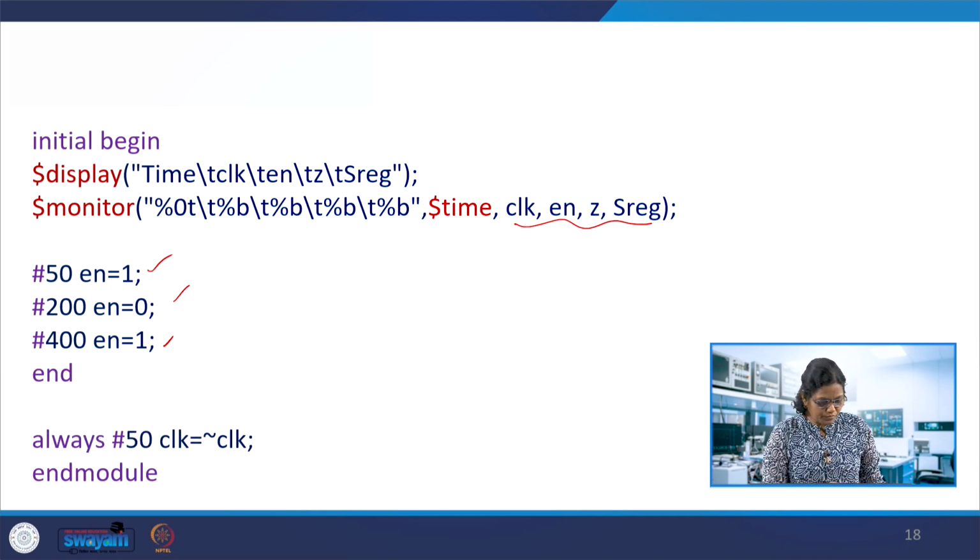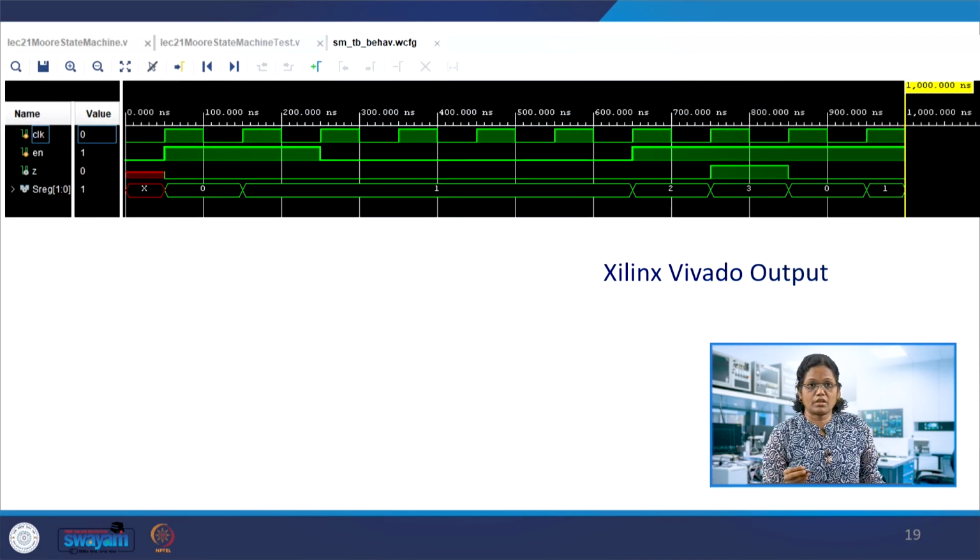We need a clock, so the clock is generated with always hash 50 clock equal to not clock, which is 100 nanoseconds here. From this, the output which we have is at the clock edge, and the enable is 1 over here.